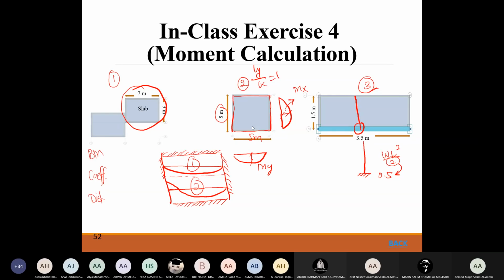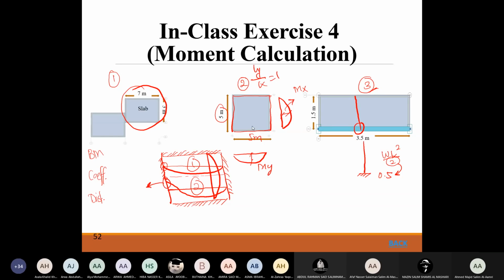And then for the other direction, it is this way. Are we okay? So when I ask you to find the coefficient, here there is 0 and there is a value.